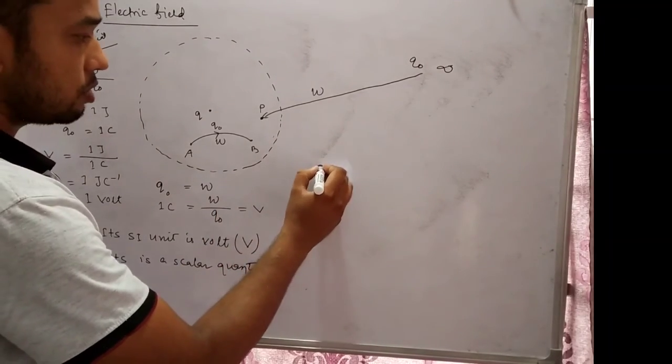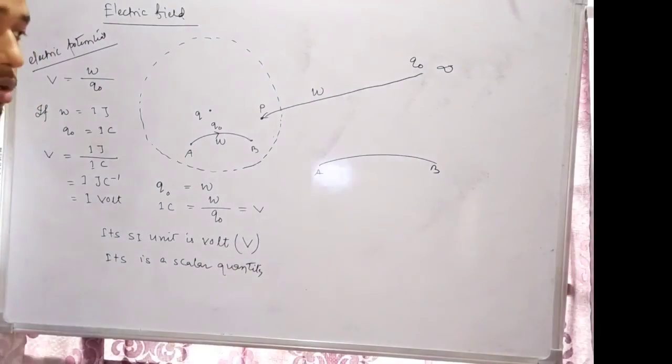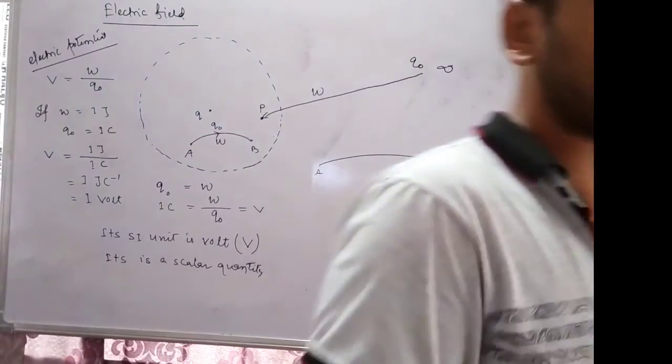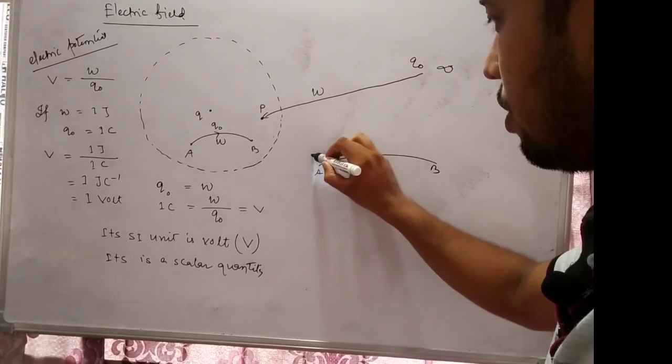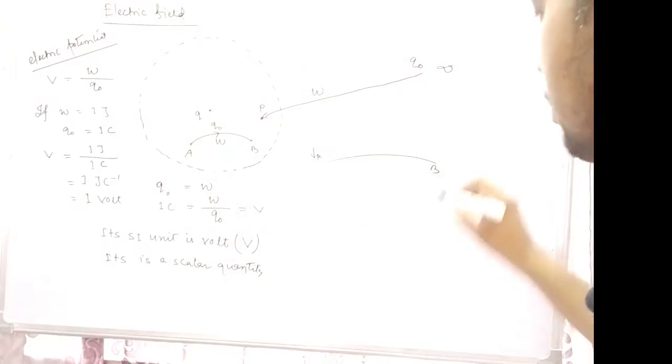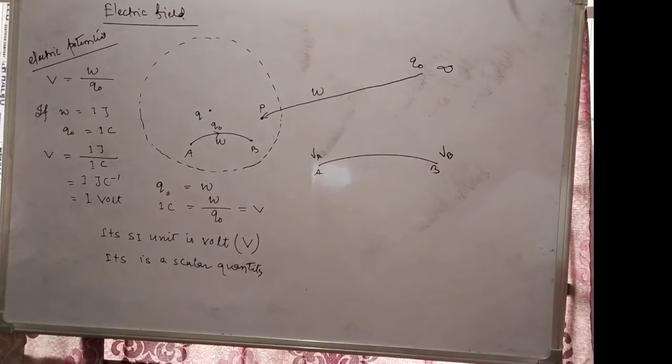Suppose these are the 2 points A and B. At point A the electric potential is VA and at point B the electric potential is VB.